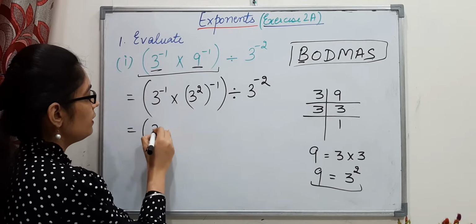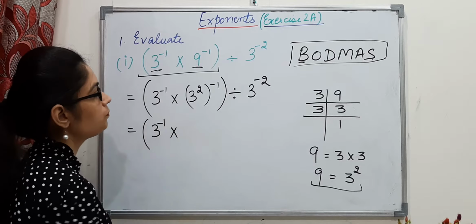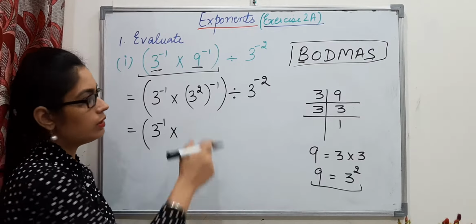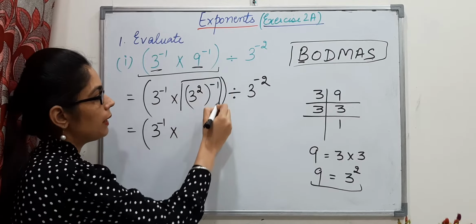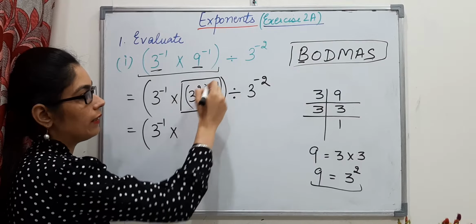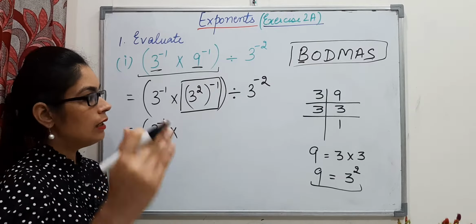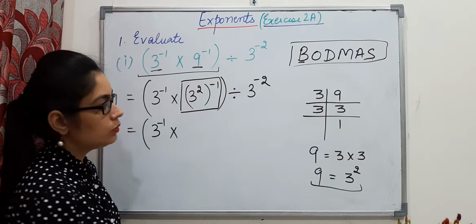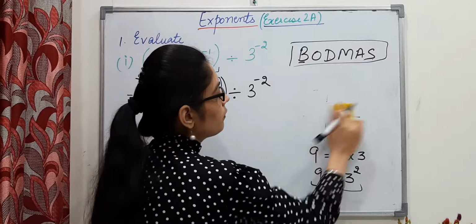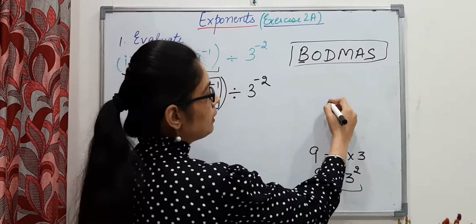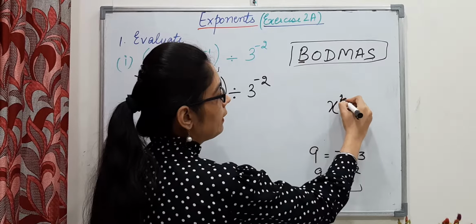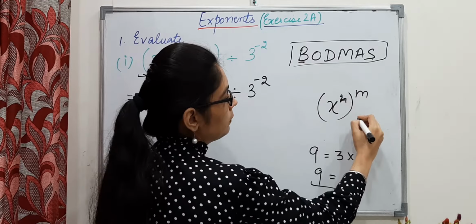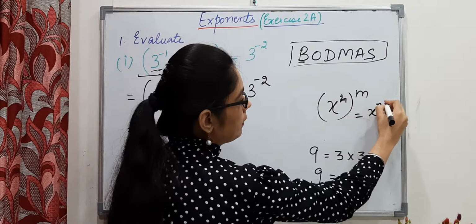Now here, if you see this (3 to the power 2) whole bracket to the power minus 1, we have to apply the power rule. According to the power rule, if a number has 2 powers, x to the power n and whole to the power m, then these powers have to be multiplied.